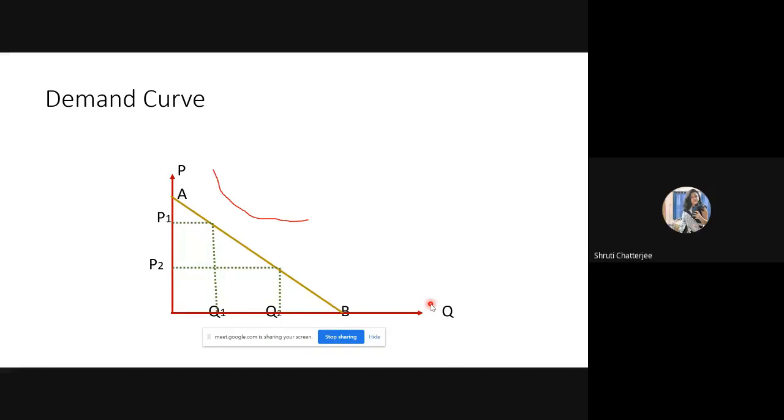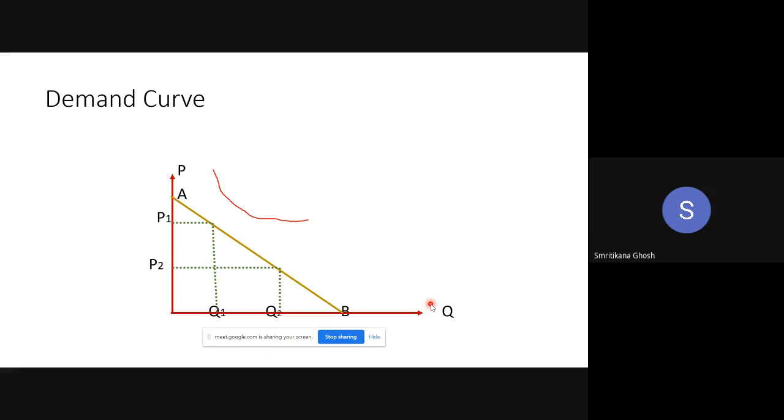Ma'am, what is the example of a Giffen good? Look, for the Giffen good there is actually a single example in the world, from Ireland. In Ireland, the staple food was potato. They used to have potato with meat.